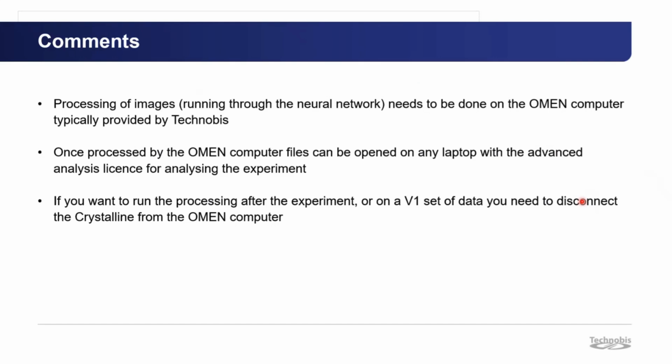Once the files have been processed through the Omen computer, they can be opened on any laptop with the advanced analysis license, and you can analyze them within the particle size evolution software. If you want to run the processing after the experiment, or on any version 1 data you have, you need to disconnect the Crystalline from the Omen computer, and then you can process them through the neural network.